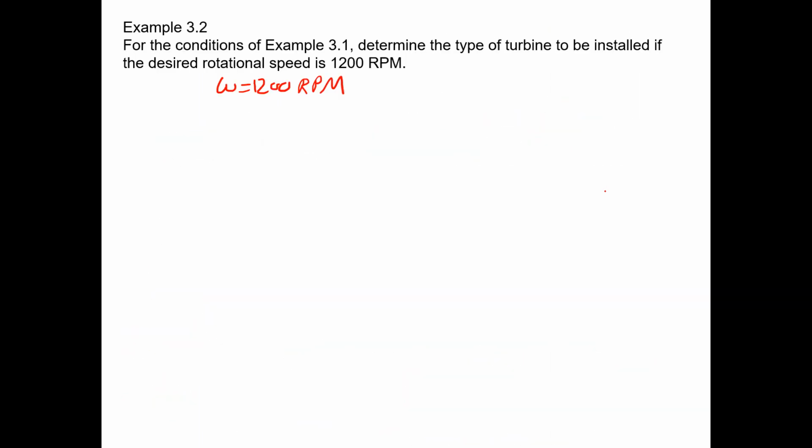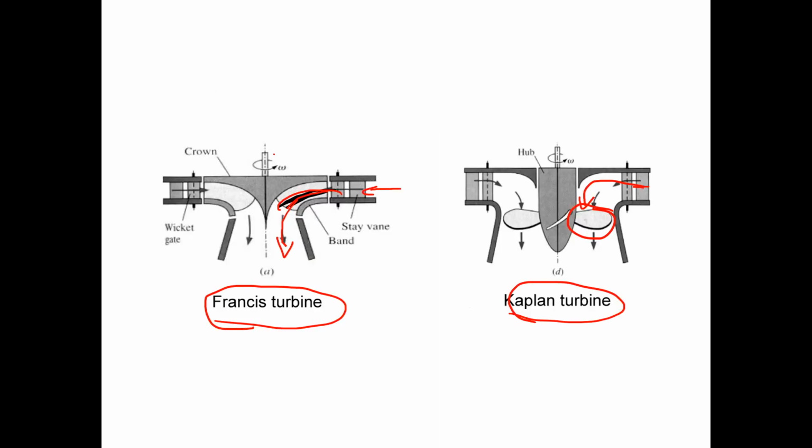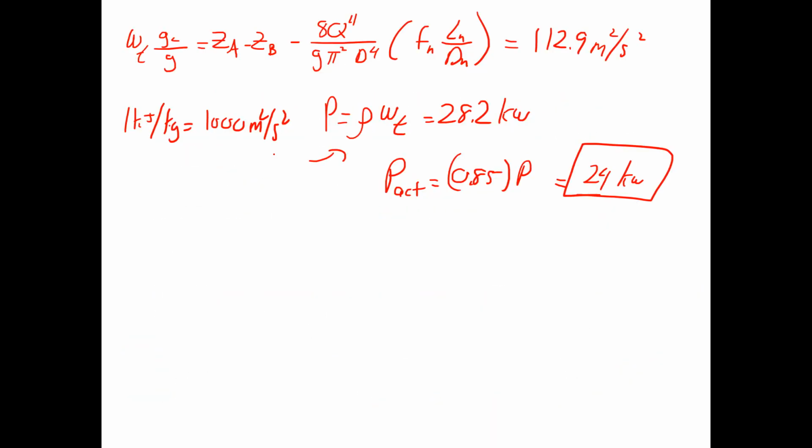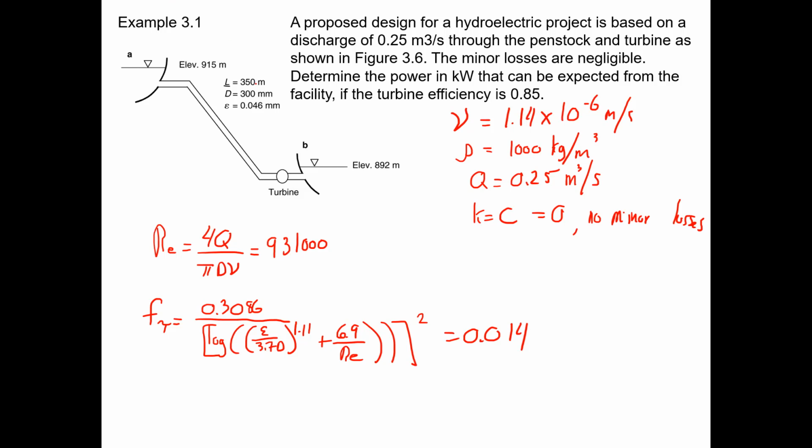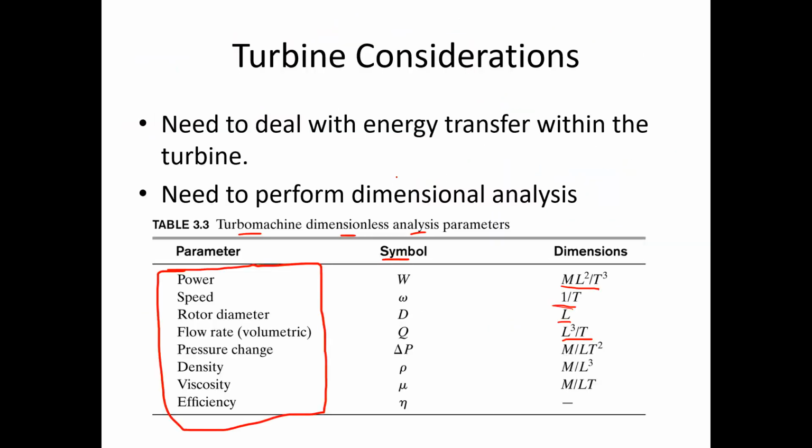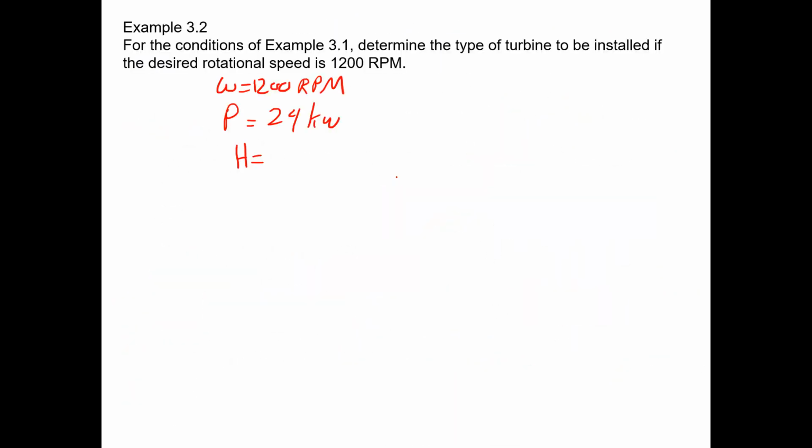So going back here, we could put that the power extracted is 24 kilowatts, and according to the problem statement, the height difference between point A at 915 and point B at 892 is 23 meters.